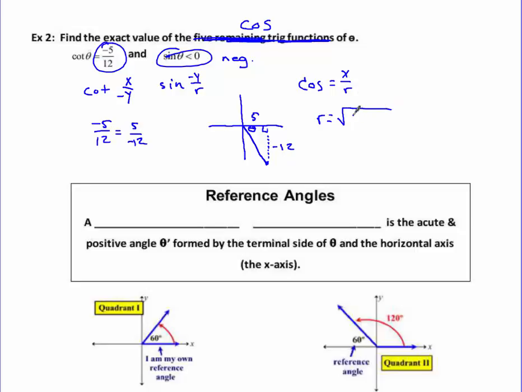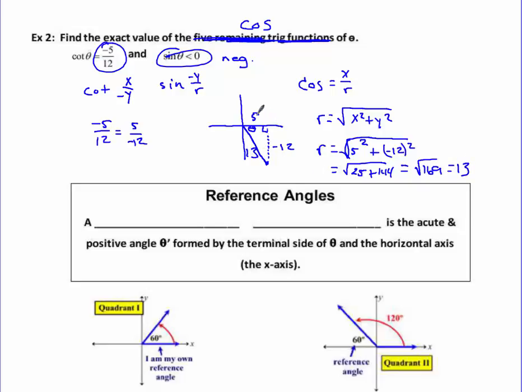R equals the square root of x squared plus y squared. So r equals the square root of 5 squared plus -12 squared. That's 25 plus 144, the square root of 169, which is 13. So we can find that pretty quick.